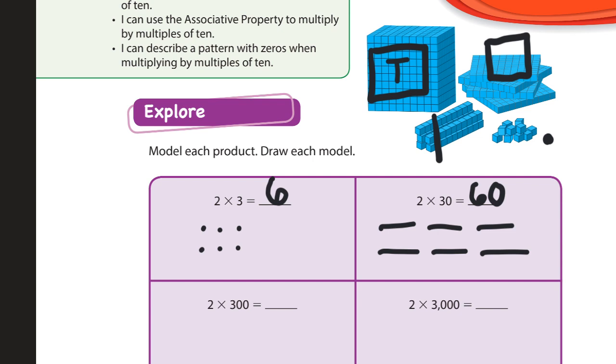2 times 300, I'm going to do 2 rows of 3 hundreds. And if I count that, I get 100, 200, 300, 400, 500, 600.